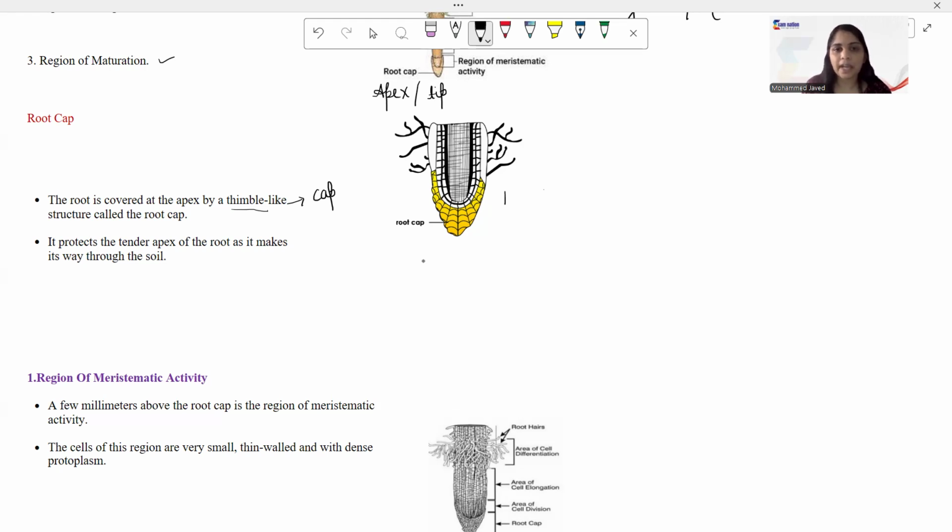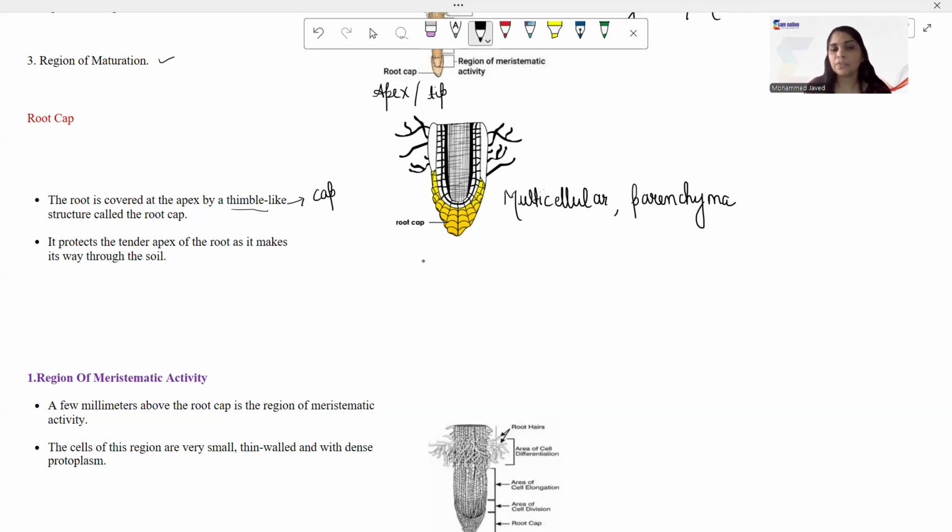Now this root cap is multicellular and made up of parenchyma cells.